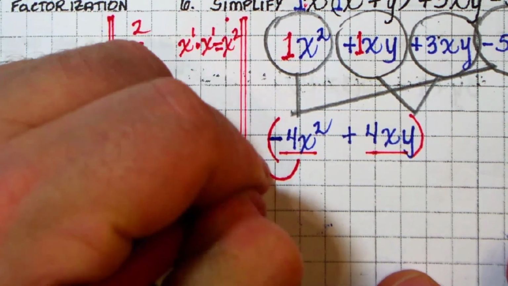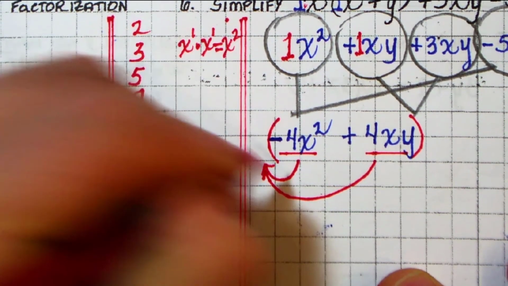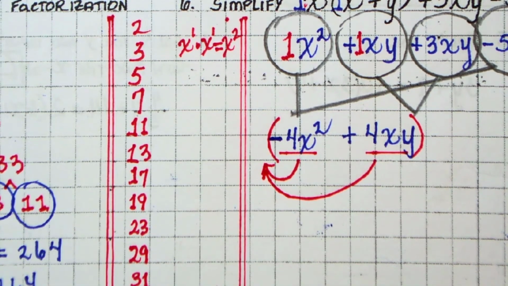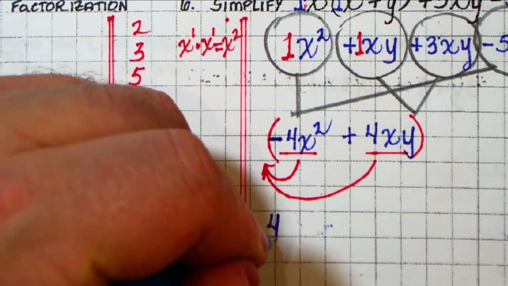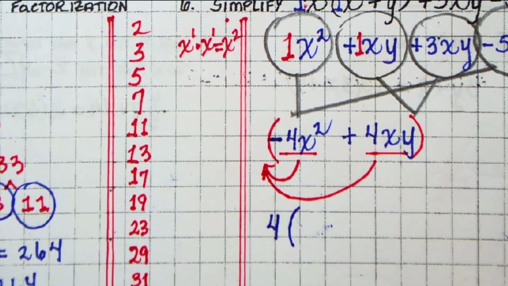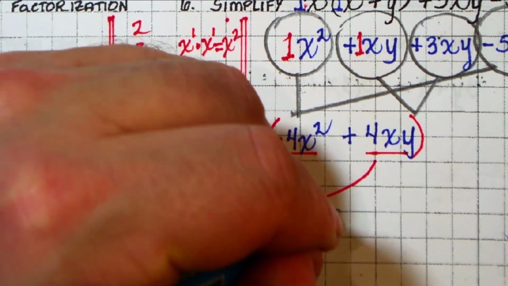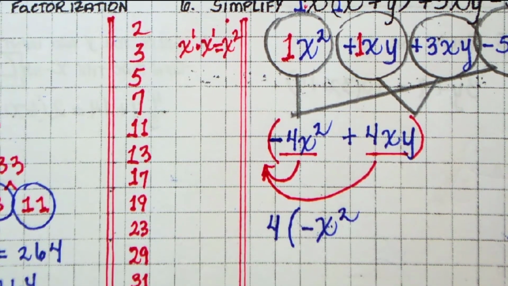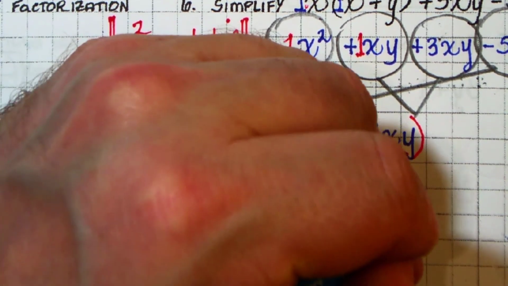Okay? And here's what it looks like. It looks like reverse distribution. Okay? Watch this. You'll like this. So now I'm going to put a 4 on the outside and an open parentheses. And then I'm going to put negative x squared plus xy.